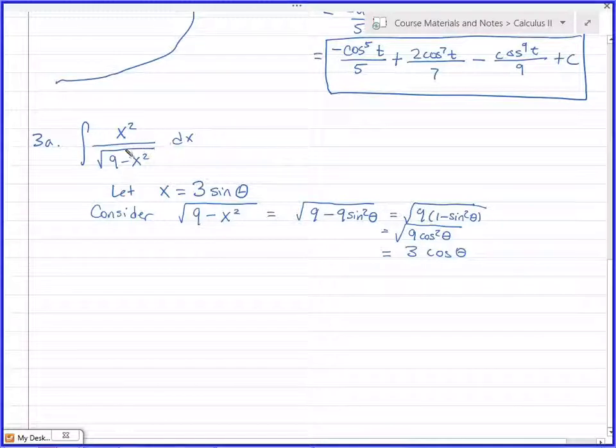All I'm really doing is figuring out what to do with this denominator. The numerator is easy, I'm just going to plug in 3 sine theta.